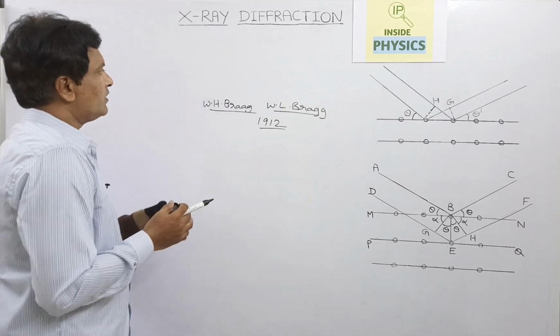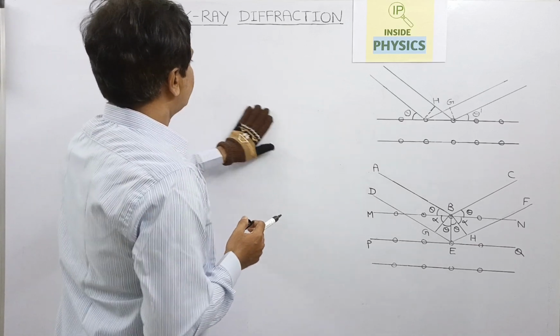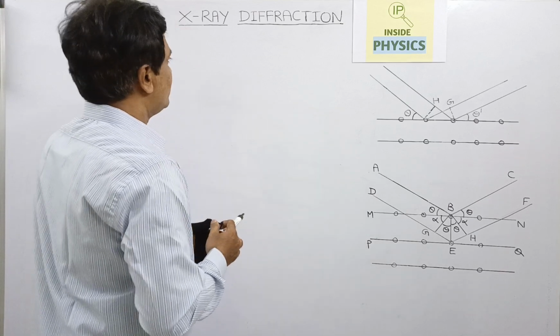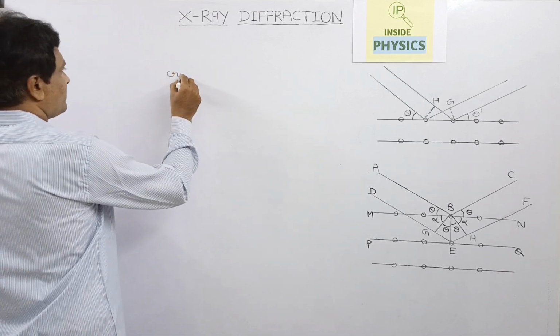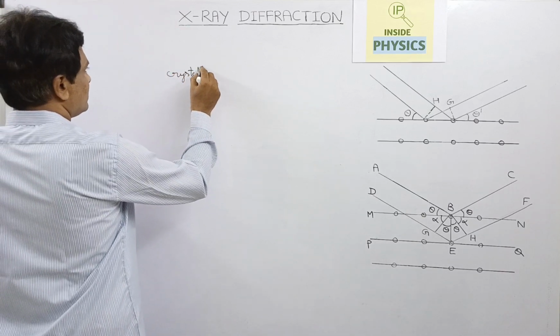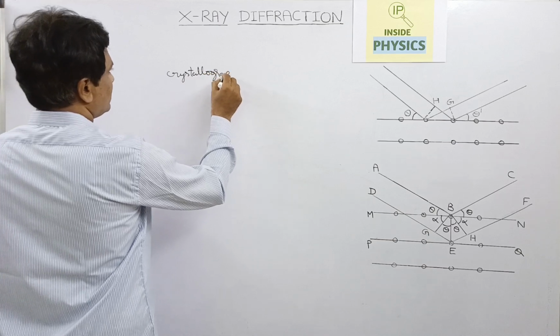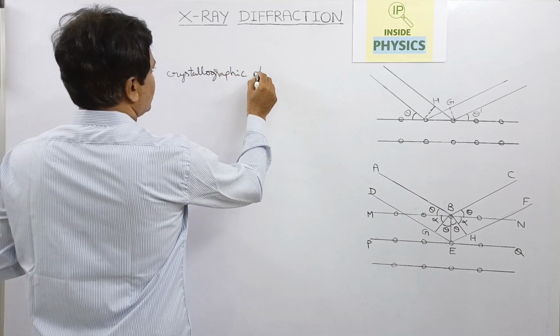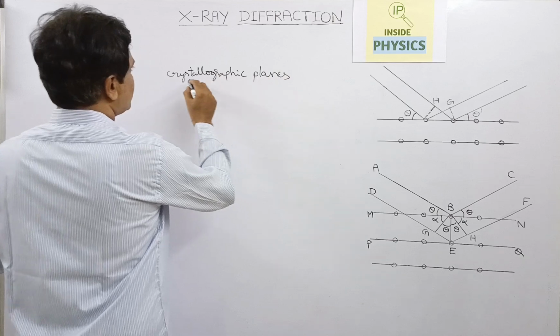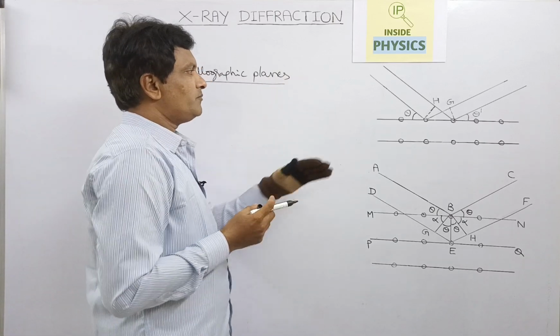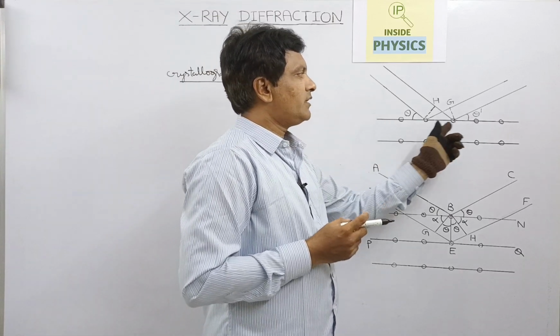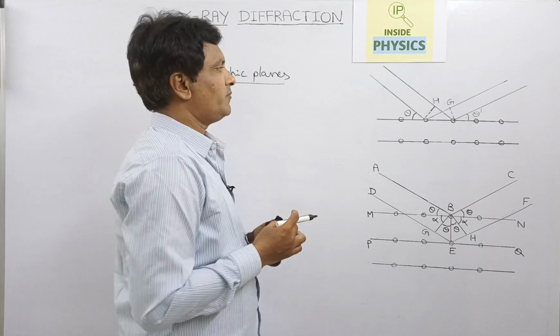Here we can say some planes in the crystal are called crystallographic planes. That means in the crystal structure we take some plane on which the lattice points are arranged in a systematic way.